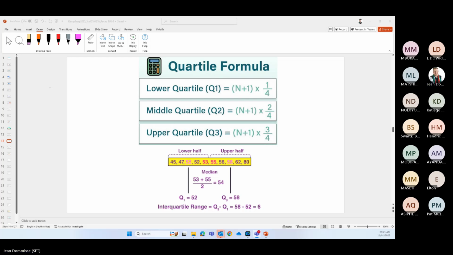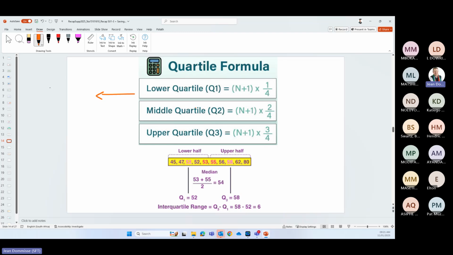Cool. Okay, so quartile formula, and you guys will also see I've put in a different formula as well. Just again, if you need to work out the position, you do it with this formula.